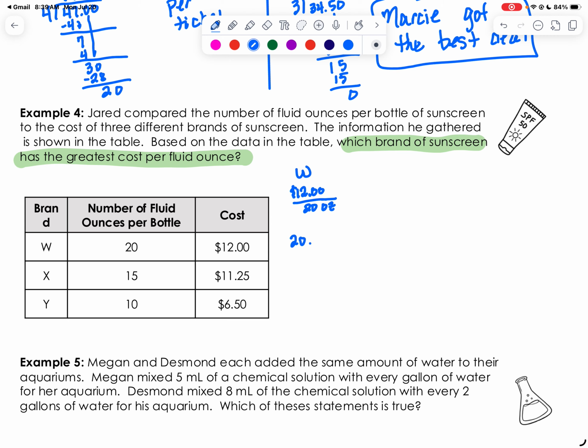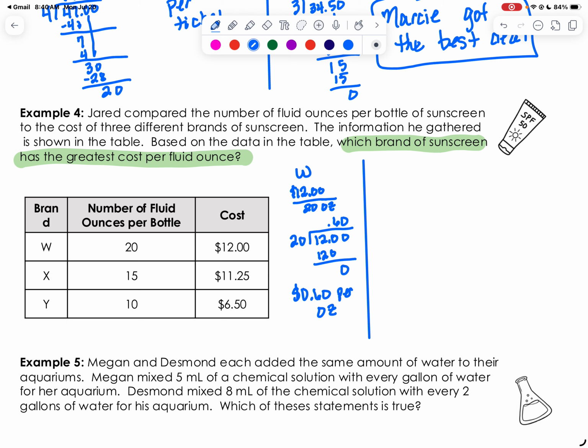So I'm going to take 20 and see how many times it will go into 12. So 20 won't go into 12, but 20 will go into 120 6 times. 6 times 20 is 120. Bring down. 20 goes into 0 0 times. So brand W is 60 cents per ounce.